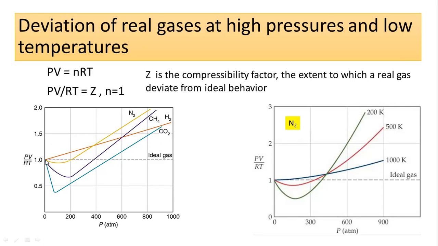So when you increase the pressure from 0 to 200, 400, 600, 800, 1000, look at, let's suppose this is the hydrogen. Now the ideal behavior is going to deviate significantly by increasing the pressure.